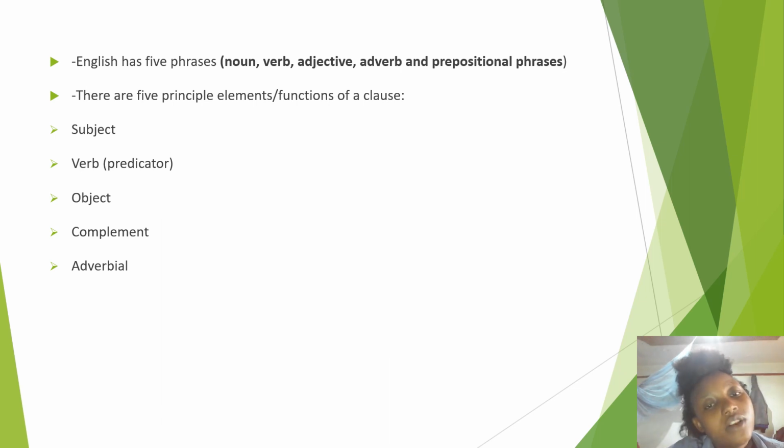That is the noun phrase, the verb phrase, adjective phrase, adverb phrase, and prepositional phrase. There are five principal elements or functions of a clause: the subject, the verb or the predicator, the object, the complement, and the adverb.